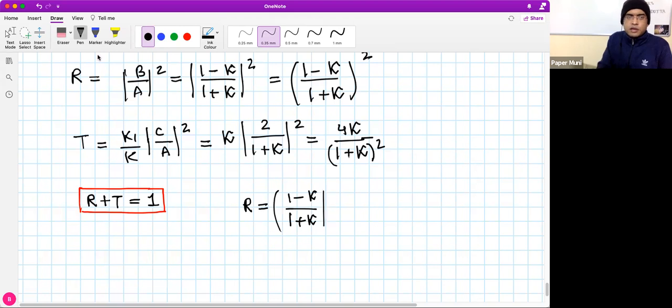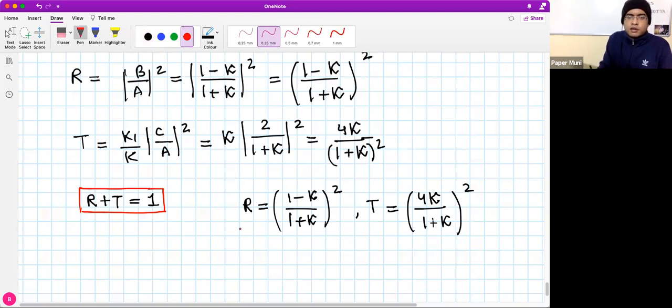My k's and kappas look the same, so make sure that you get it right. This is what we have, and this is 4 kappa, this is 1 plus kappa, which is square.